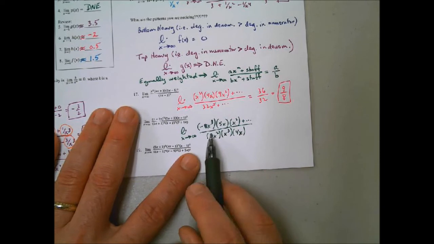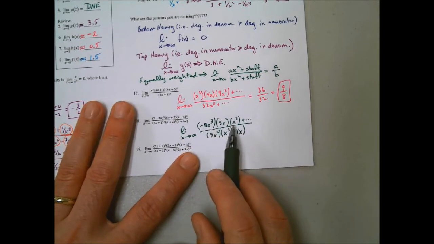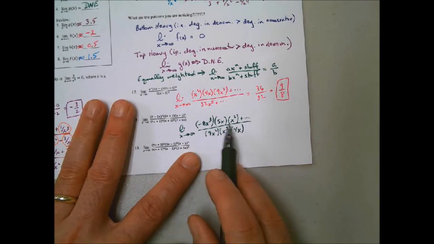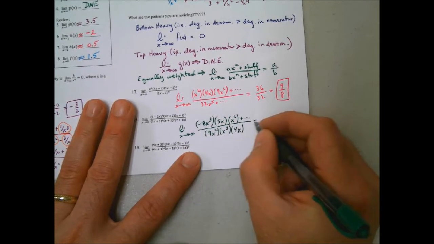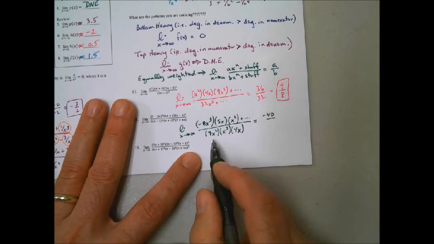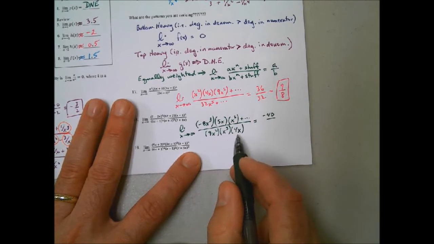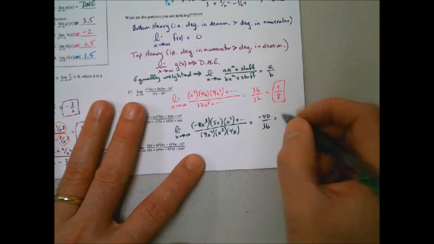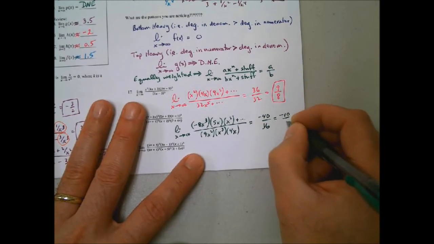We already checked. It's already equally weighted. It's x to the 6th over x to the 6th. So up top we have negative 40, and in the bottom I've got positive 36. If we reduce that, that's negative 10/9.